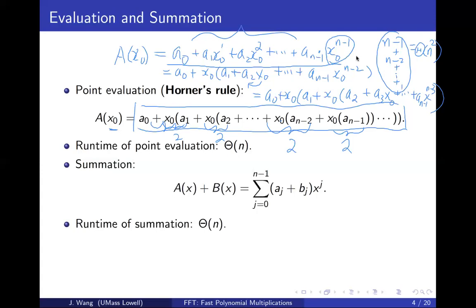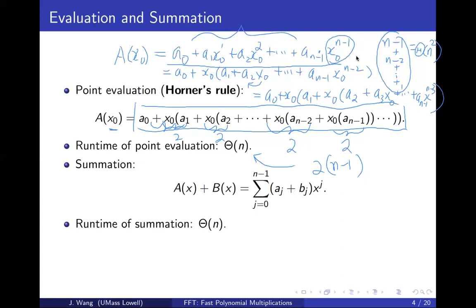Then you have n minus 1 such things, so 2 times n minus 1 operations. That is the order of n. So that's point evaluation, and we can do it in linear time.